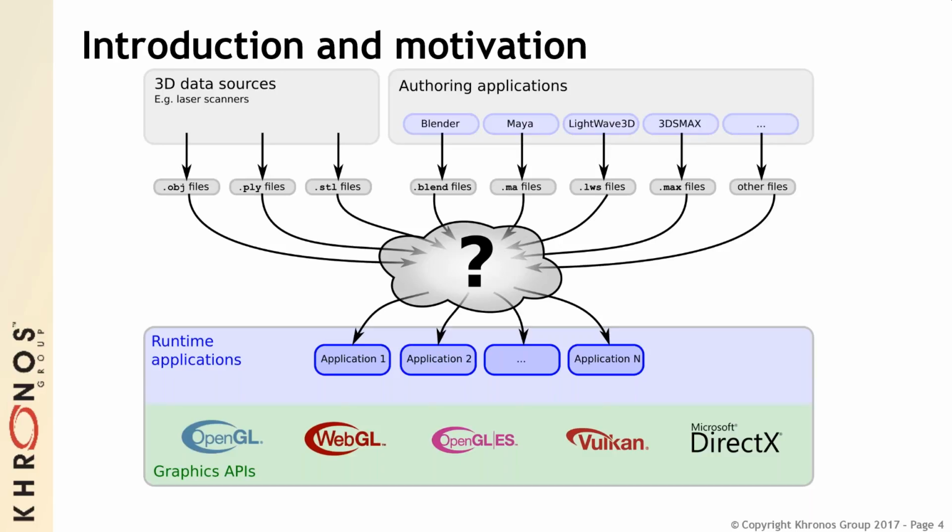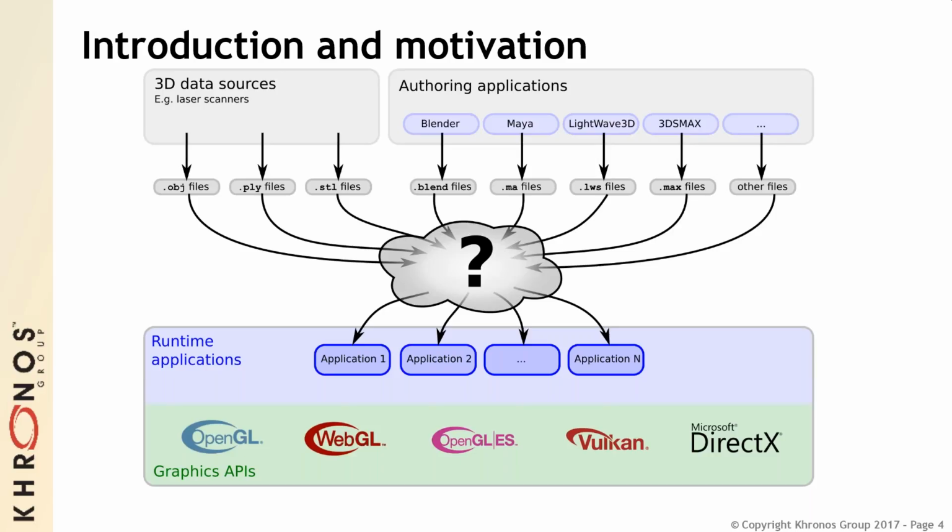And all these different data sources store their 3D assets in different file formats. For example, for raw 3D data, there are OBJ files or STL files, and the authoring applications also have their dedicated file formats, Blender, Maya, and 3ds Max, for example.